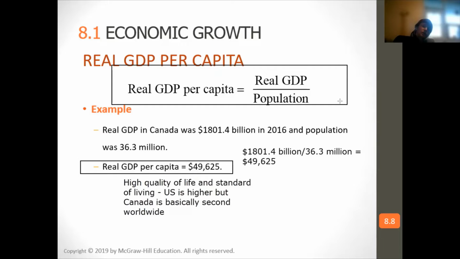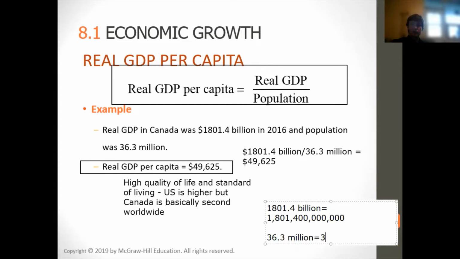Good question. If you're going to write it out, 1,801.4 billion, you'd have to type it in like this. It's a million, billion, trillion. So this would be how you type that, and then 36.3 million is 36. It's okay, it happens.